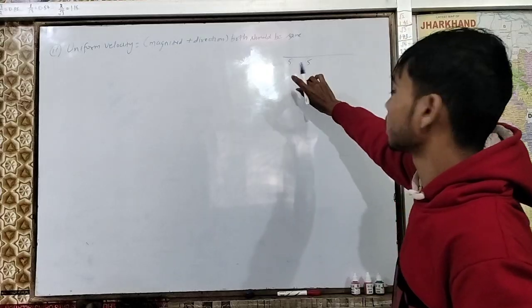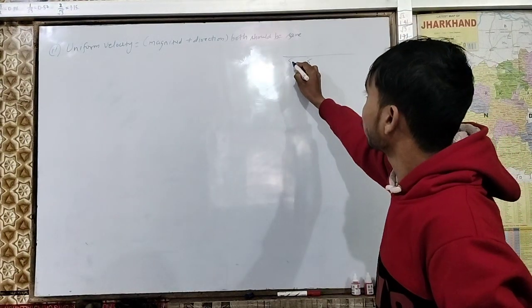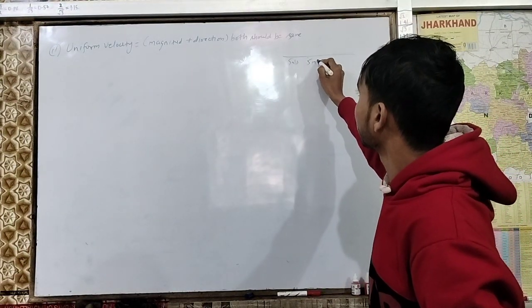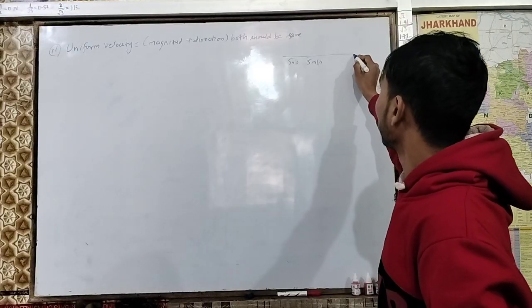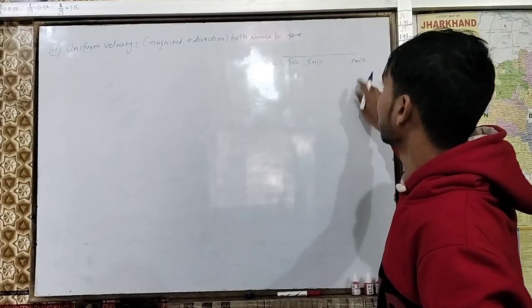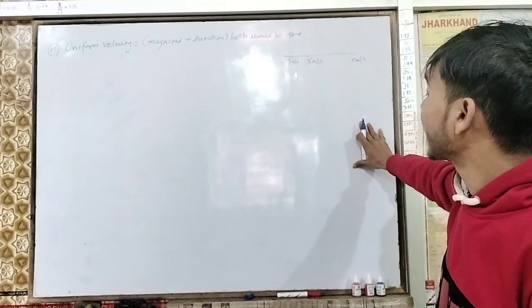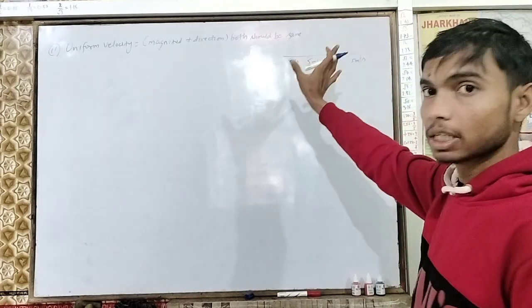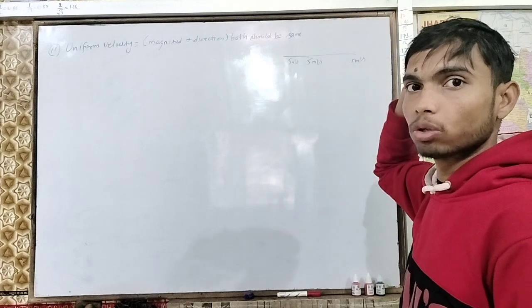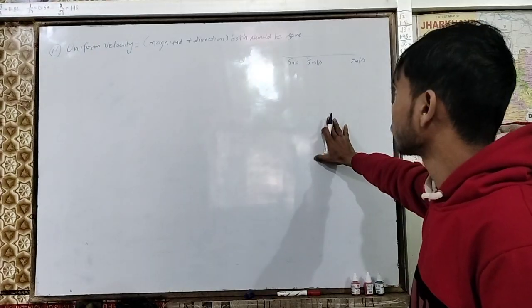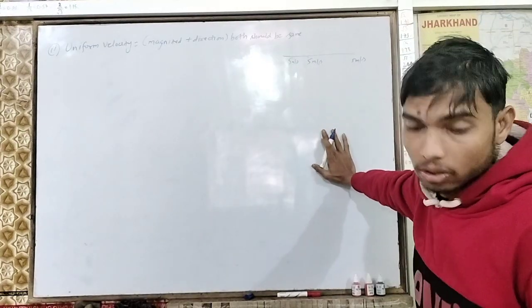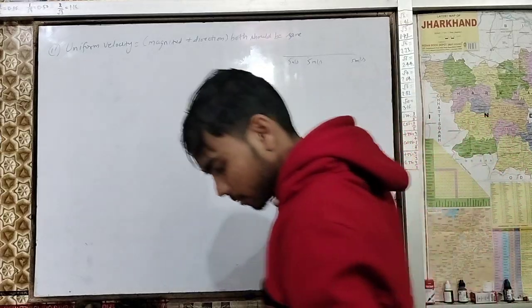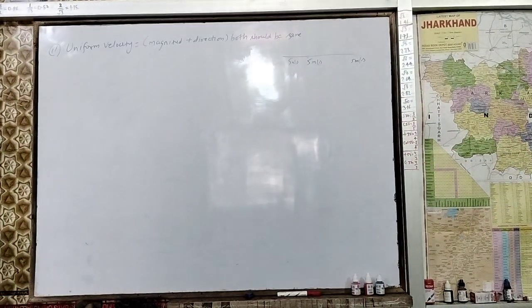Let's just say an object, a vehicle, is moving: 5 meter per second over here, again 5 meter per second over here, again 5 meter per second, which is a velocity. And it is also saying that direction should be the same. If it is going in a straight direction, it should stay straight. Remember, everything should be the same when it comes to uniform. Uniform is equal, everything equal.